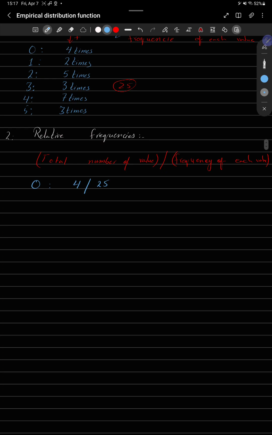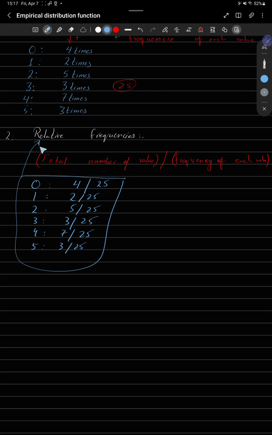Then 1, we have 2 times divided by 25. For 2, 5 times divided by 25, for 3, 3 times divided by 25, for 4, 7 times divided by 25, for 5, 3 times divided by 25. This step is our relative frequency.